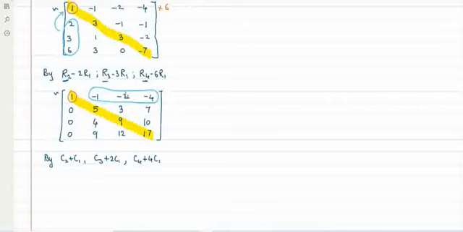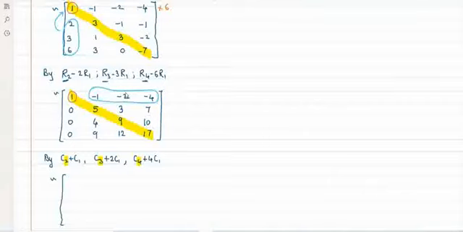So this shows the change in the second column, third column, and fourth column. Now you are applying a column transformation. You will get a new matrix which is equivalent. First column, no change, because I am applying a column transformation.